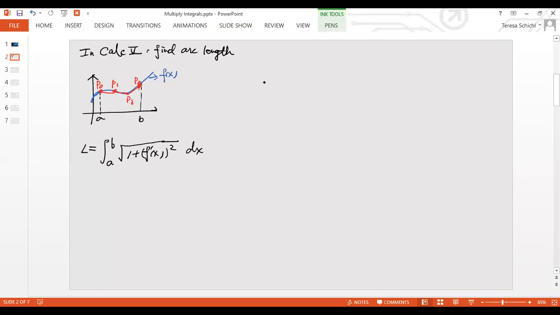By the Riemann sum concept, the length of the curve will be equal to the limit as n approaches infinity of the summation from i equals 1 to n of the length from P_{i-1} to P_i. When you put the two points together, you get the length of the segment.